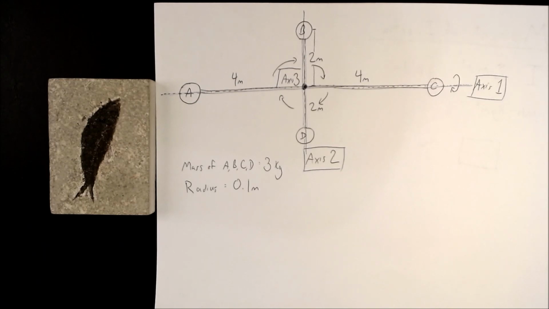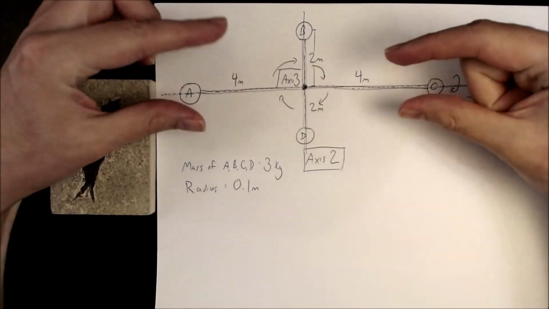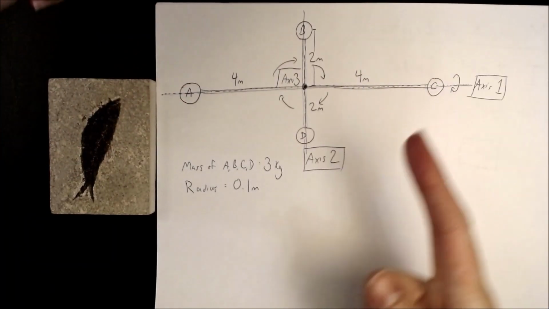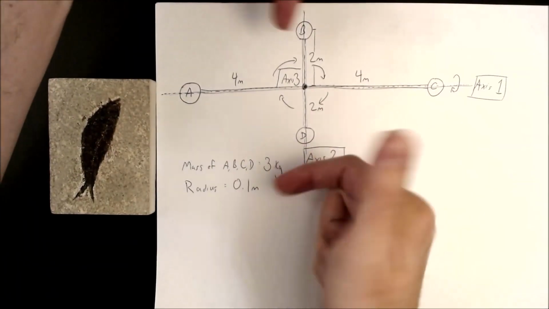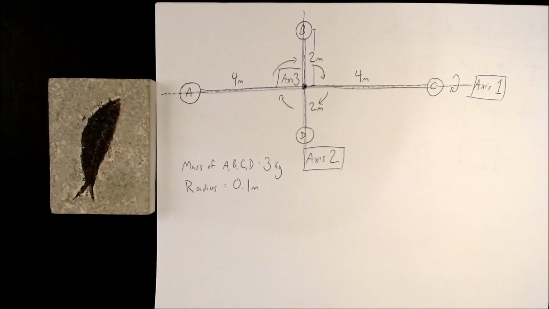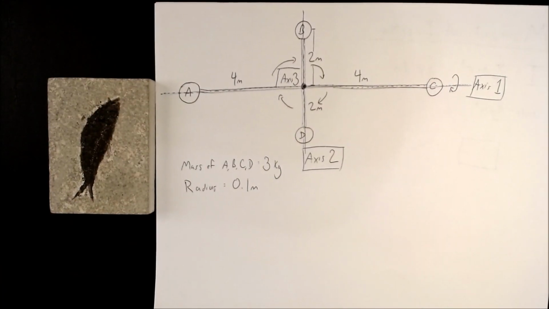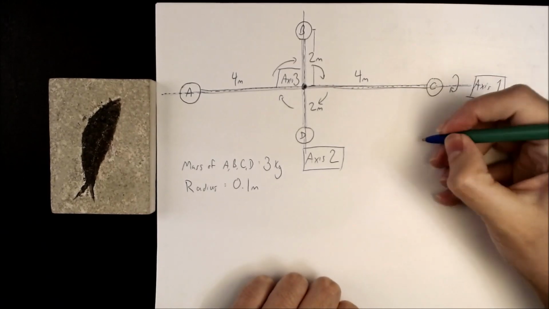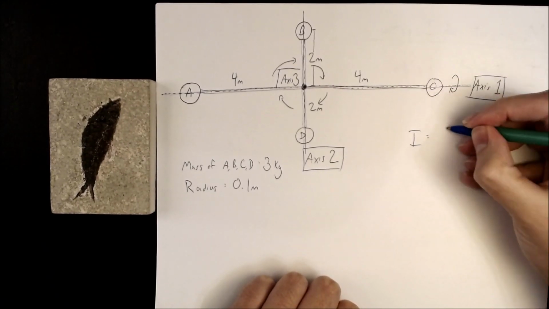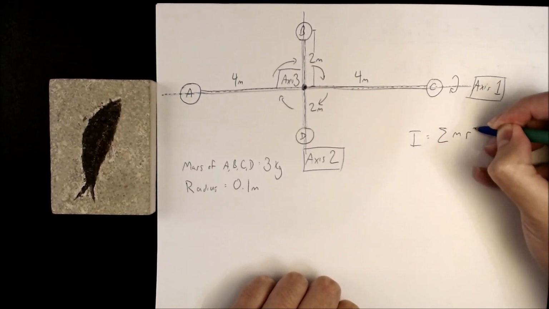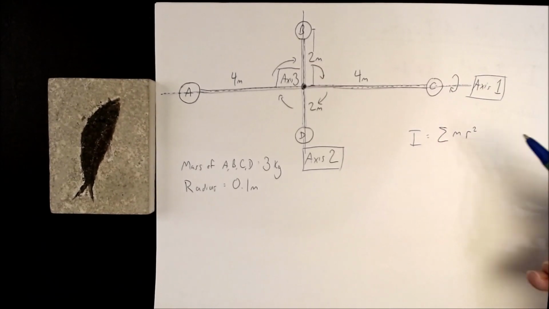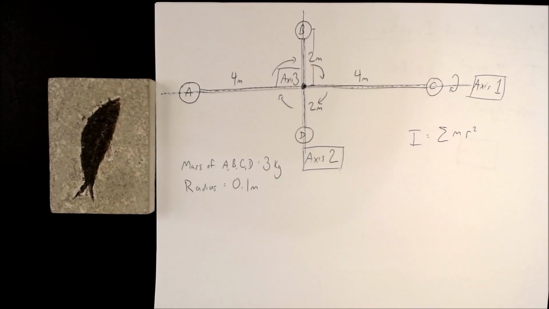Therefore, if you rotate this object around axis 1, this axis, versus this axis here, which way is more difficult to rotate, remembering that the moment of inertia ends up being the sum of the masses times the radii squared? Which way is it going to be more difficult to rotate? And therefore, which way is it going to have a greater moment of inertia? I will give you a few seconds to think about that and pause the video if you need to.